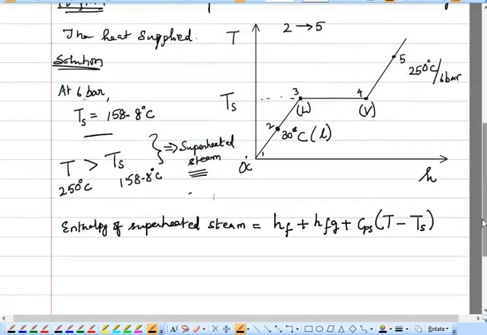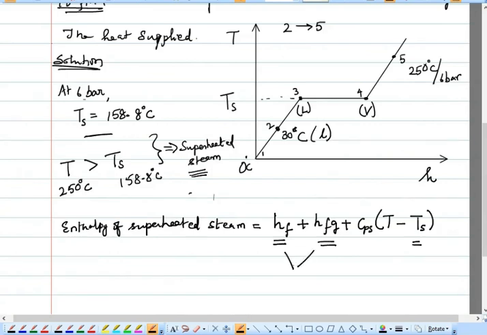So in this, I have to find what is the HF value, what is the HFG value, what is the TS value. The TS value we have already read from the steam tables. Now you find what is the HF and HFG value.